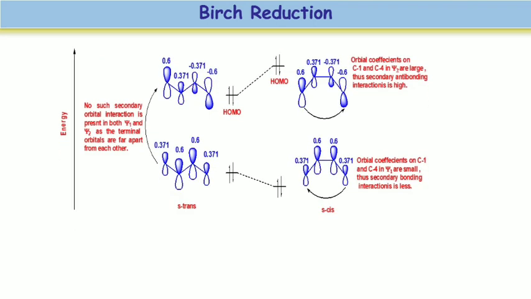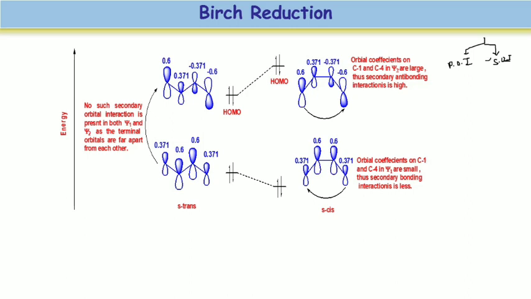So here we have the MO diagram, but before going into that, I want to mention that there are two types of interaction. One is primary orbital interaction and the other is secondary orbital interaction.